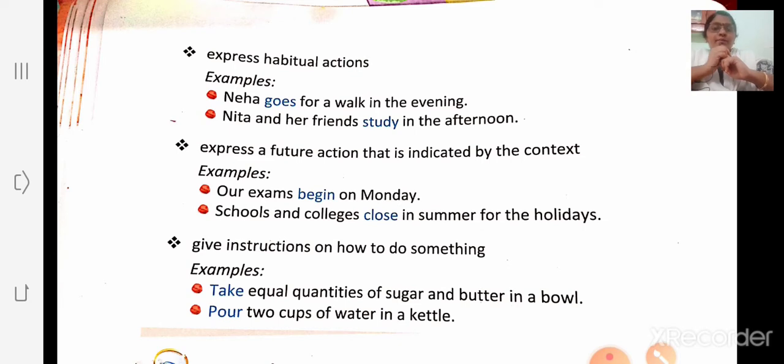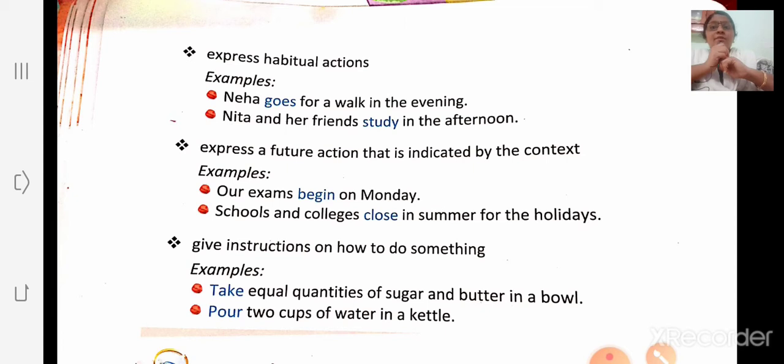I wake up early in the morning. Then I brush my teeth every day. Brush, wake, etc. are simple present tense for indicating habits, habitual actions, routines.